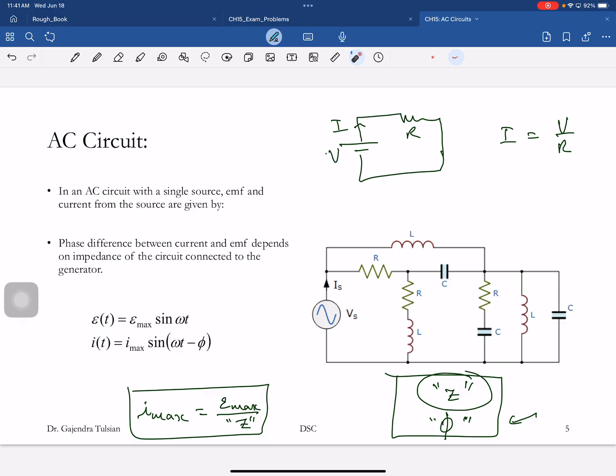So you'll learn in this chapter that this quantity is between pi by 2 and minus pi by 2. If it's pi by 2 or minus pi by 2, this circuit is not cooking anything.